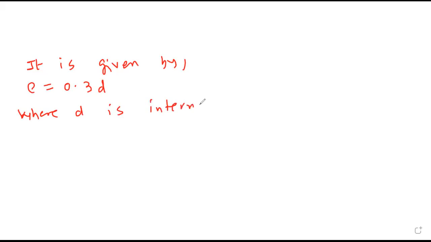It is given by end correction equal to 0.3 D, where D is internal diameter of tube.